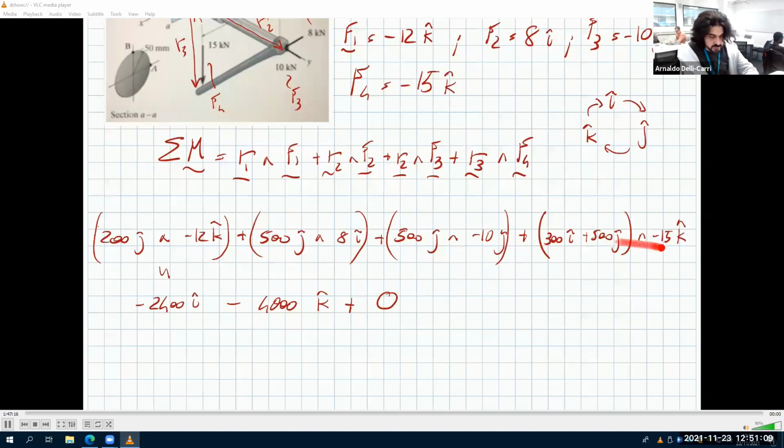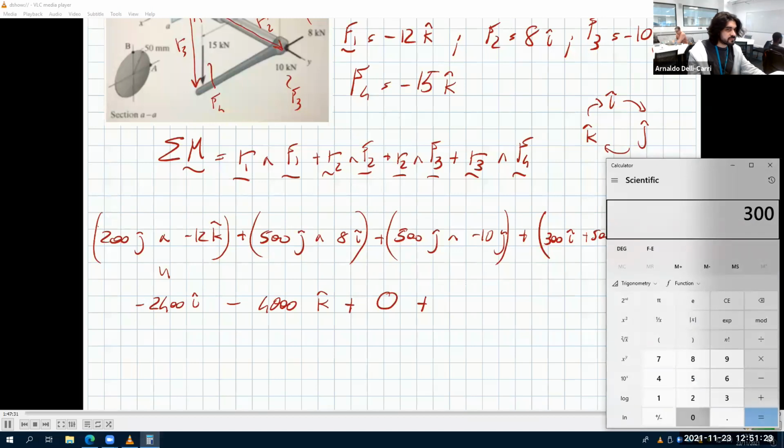And this one is two components. i times k. i times k is minus j, but this is minus k, so it's plus j. So plus 300 times 15, 4,500. i times k is minus j, but this is negative k, so it's j.